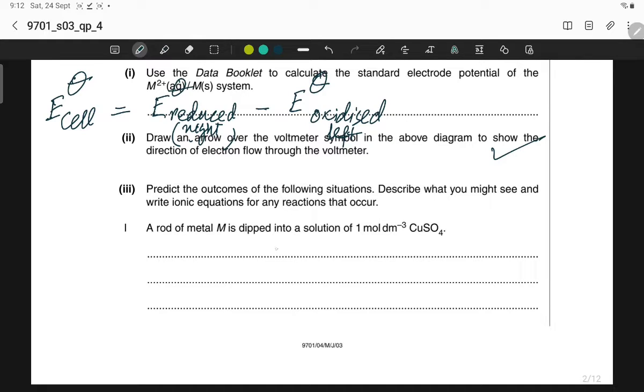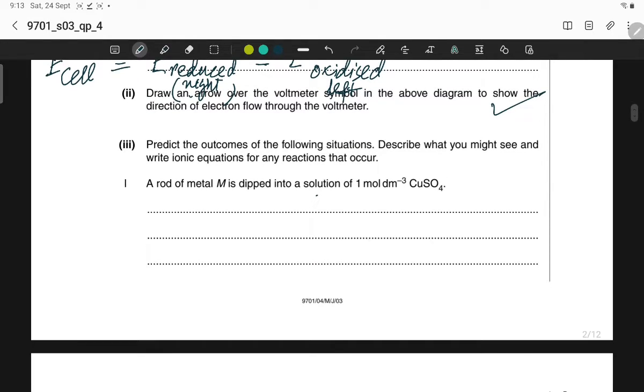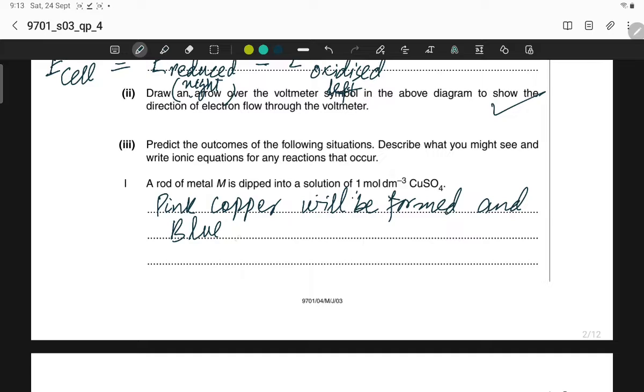A rod of metal M is dipped into a solution of 1 mole per dm cube of copper sulfate. When a highly reactive metal is dipped into the solution, the observation would be that pink copper will be formed and the blue solution fades.